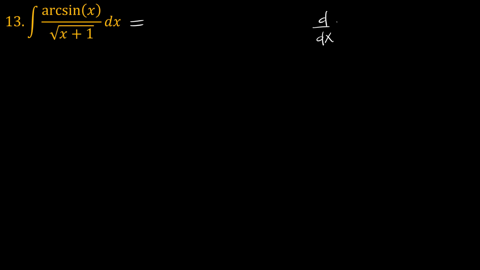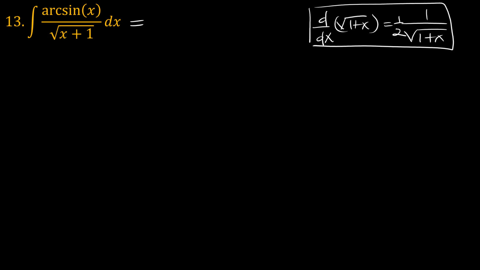Problem number 13, which is the integral of the arc sine of x over the square root of x plus 1. So how do we do this? So first, when you differentiate that, you get, so obviously you have that over 1, and then there's obviously a half there.